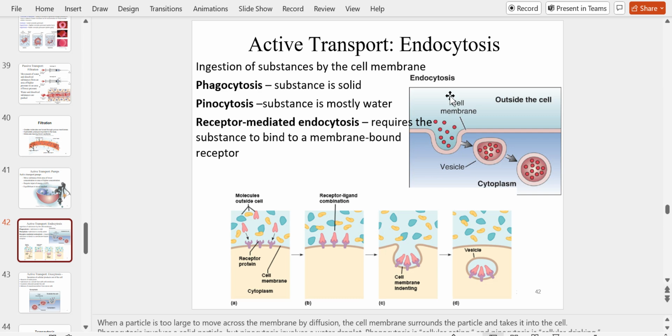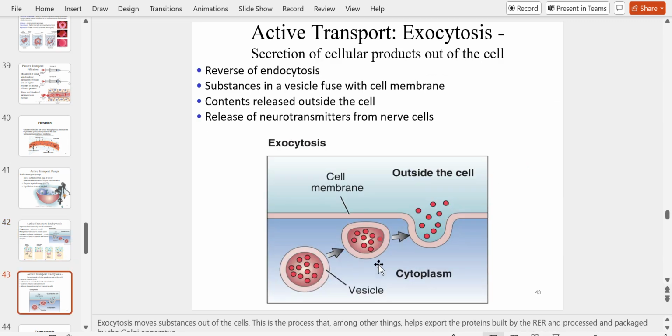But then you can have the opposite, which is called endocytosis, and this is the whole idea of bringing something into the cell. It's exactly the same process, you're just changing direction. The Golgi apparatus packages things up.